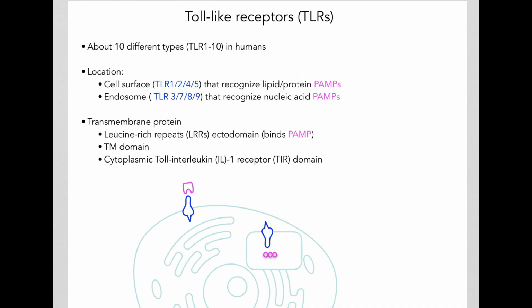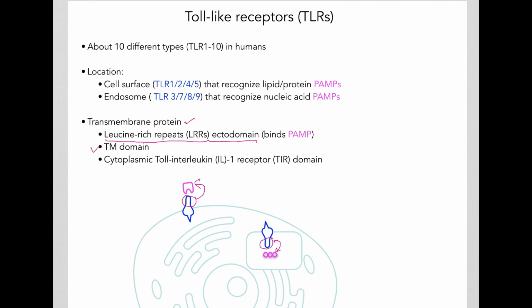Now, TLR is a transmembrane protein, and it has several domains. One domain is the leucine-rich repeat or LRR ectodomain, so that would be this part here. This is the part that recognizes the PAMP.